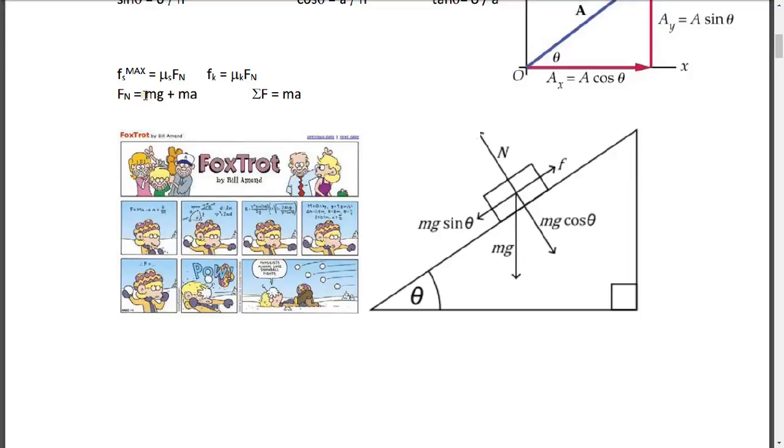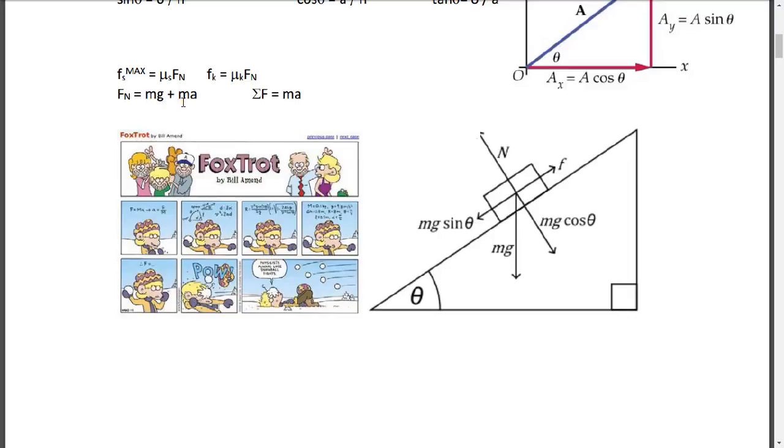The normal force on a typical day, if you're just standing there on the floor, is going to be equal and opposite to your weight. But if you were standing on an elevator, then it would be mg plus ma.